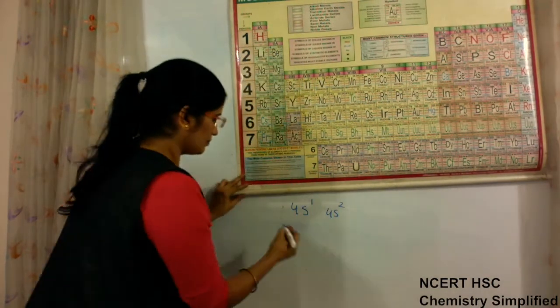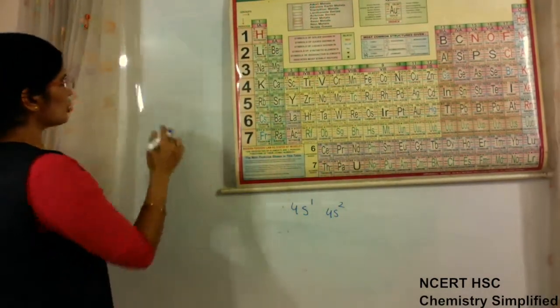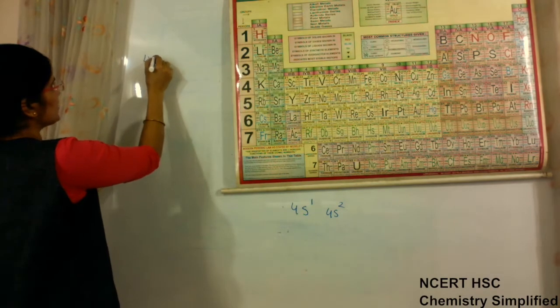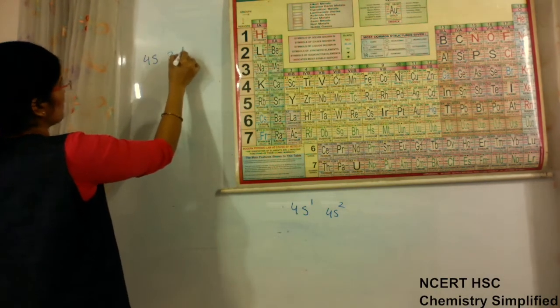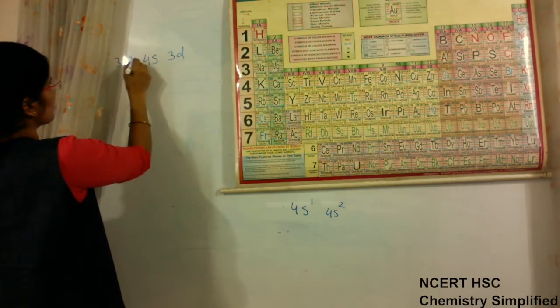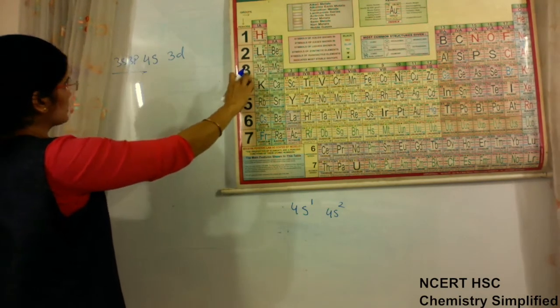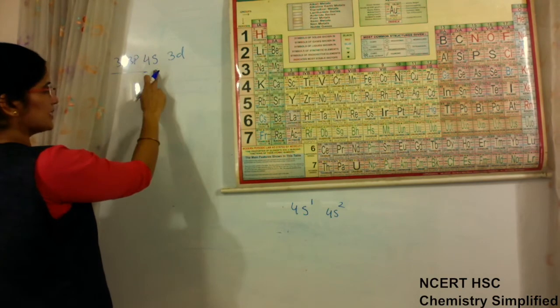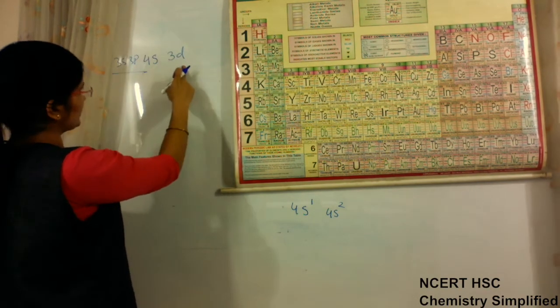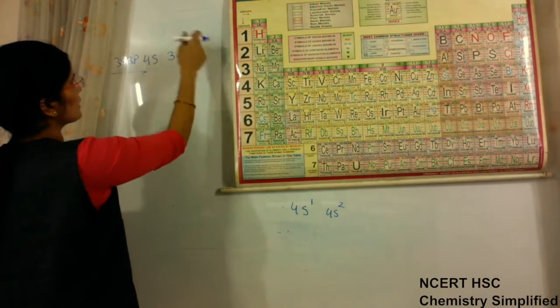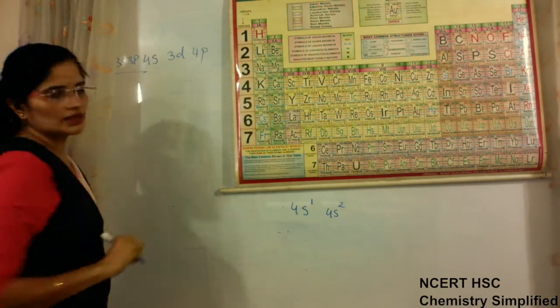For gallium, according to the increasing order of energies, after 4s, 3d will be filled, because 3s and 3p were already occupied in the 3rd period. After that 4s entered in between because of the energy order, and then we have to fill 3d, and when 3d is full, after 4s we will have 4p. Is it clear?